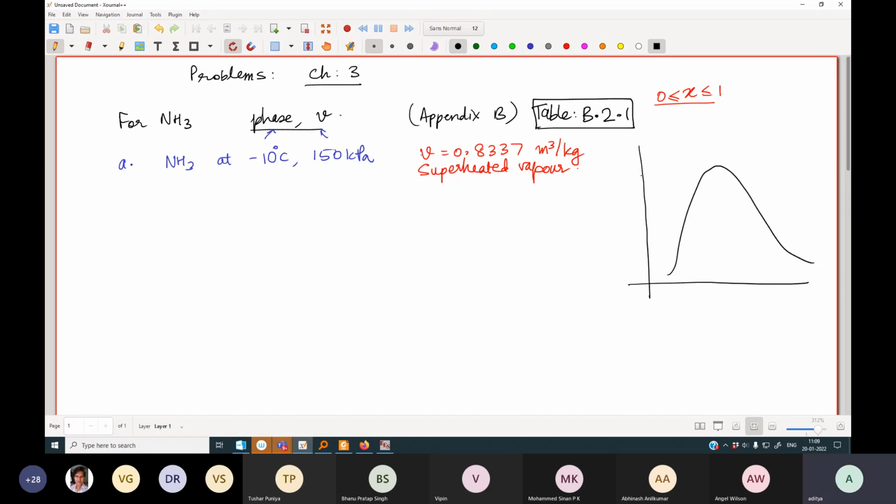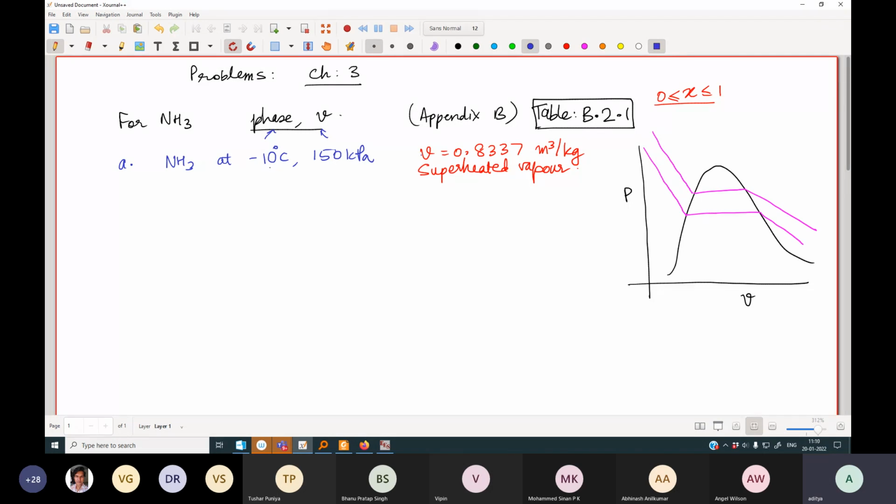What would be a convenient schematic? We can do it any way. So let's do it PV. The isotherm will be something like this. On the PV diagram, the pink curve shown over here is going to be the isotherm. So now let us see.